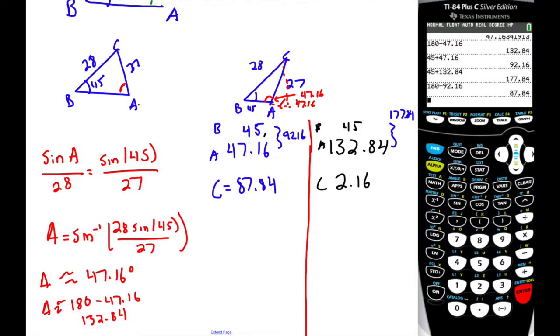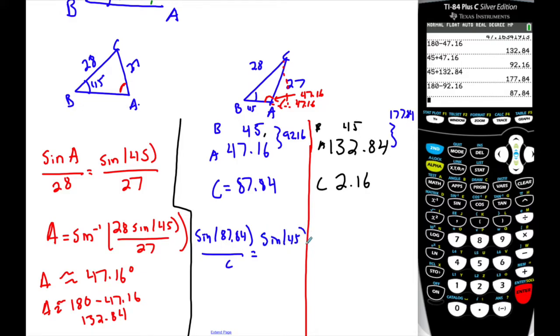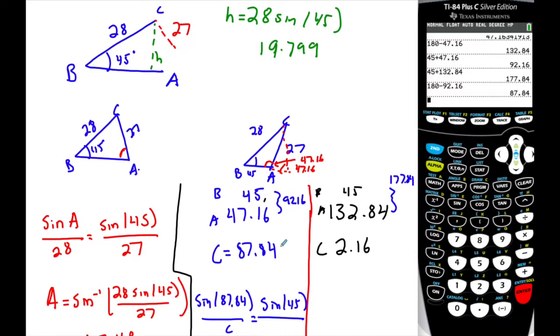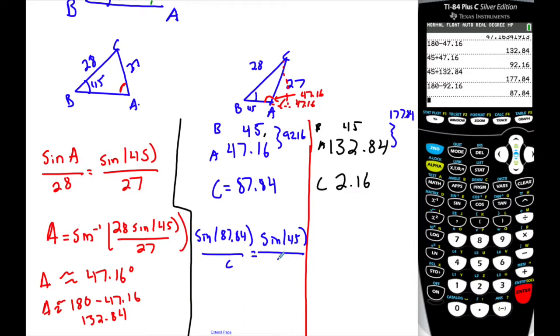So to get C, I'll start on the left. And again, I've got to use guesstimates that I'd honestly rather not use, but c'est la vie. So sine of 87.84 over C is equal to, remember, we use the exact sine. I don't want to see the guesstimates being used. Sine of 45 over little b. Let's just double check that that is 27.